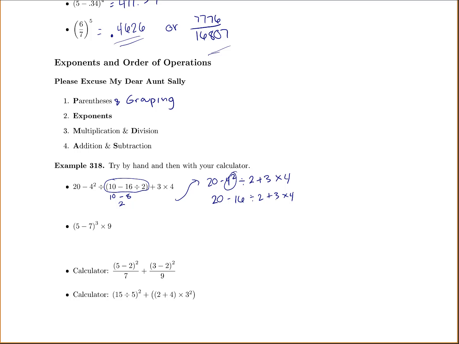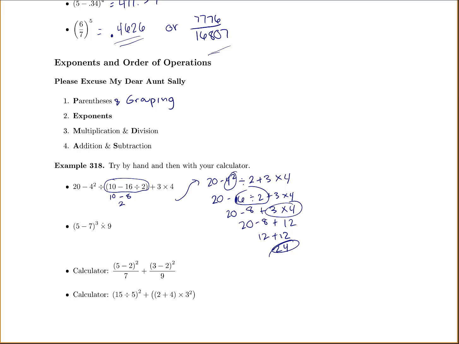So we'll do this division. 16 divided by 2 should give me 8. So we have 20 minus 8 plus 3 times 4. 3 times 4 is 12, so 20 minus 8 plus 12. And 20 minus 8 is 12 plus 12 gives me 24. So that's my final answer there.